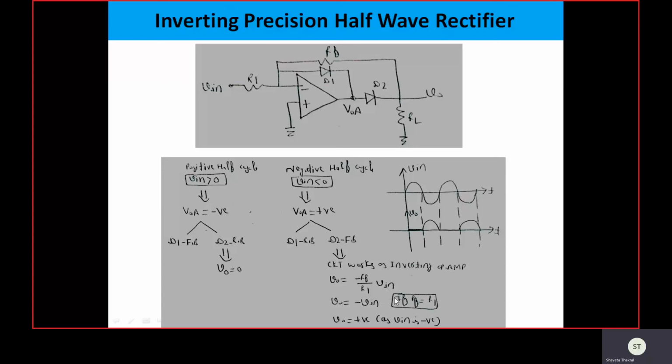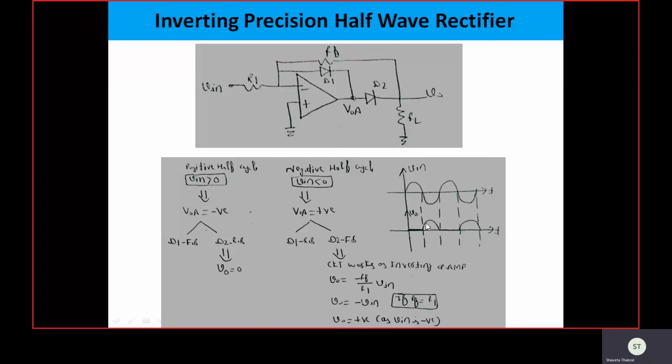Now let's assume that the values of the input resistance and the feedback resistance are equal. If both are equal, we get the output voltage as the inversion of the input voltage. So in the negative half cycle, as the input is negative going, the output is the inverted input.